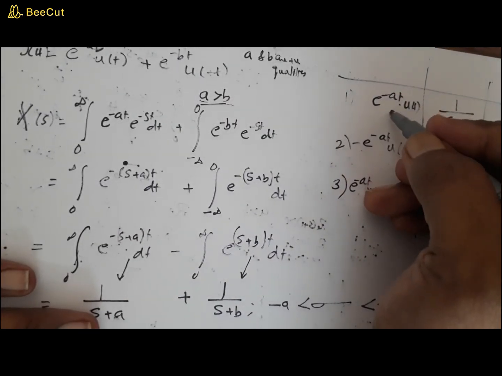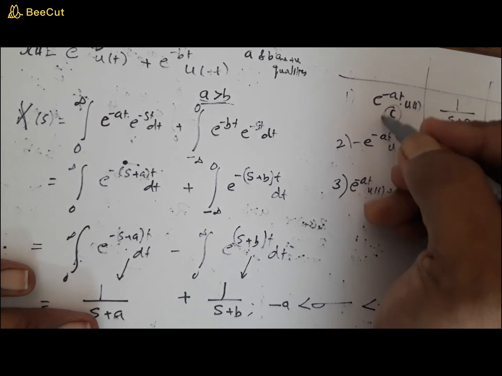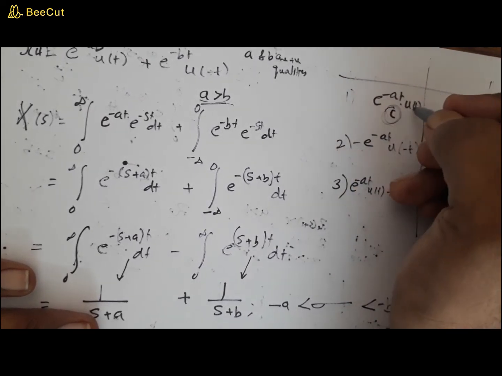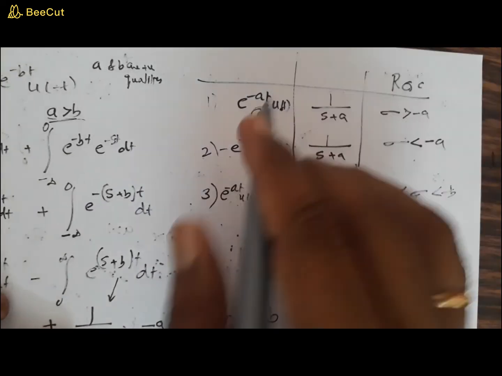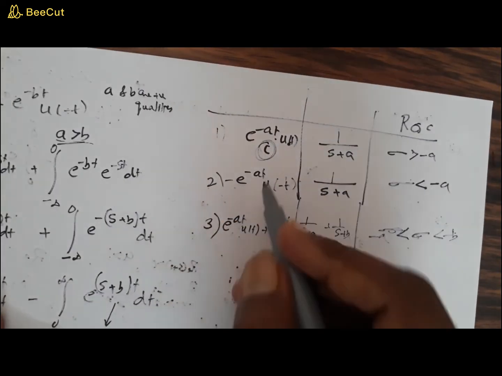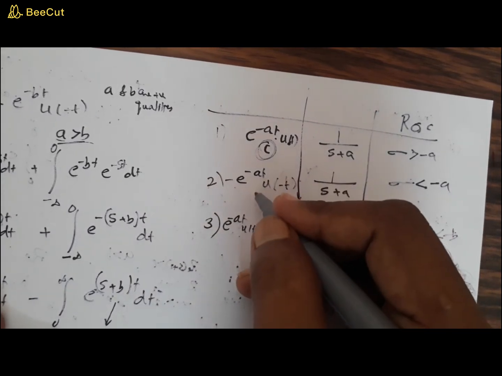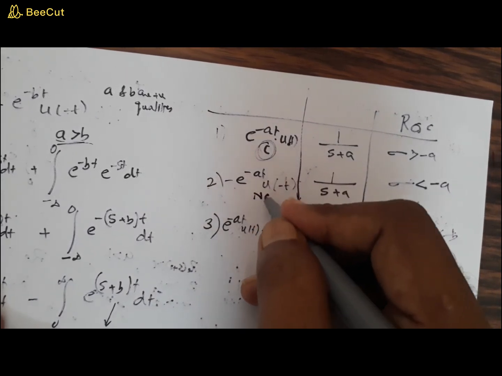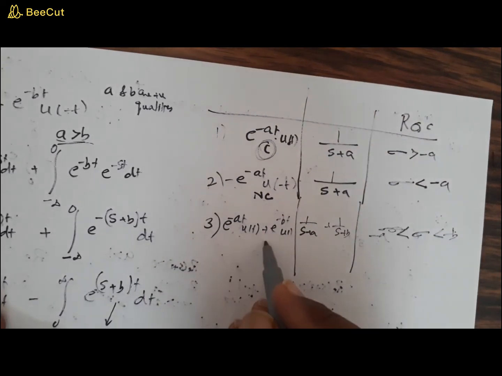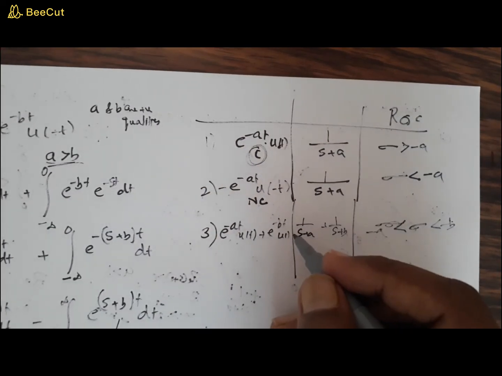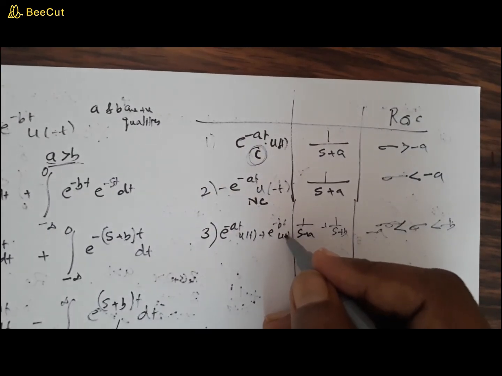Now what is the speciality of these three signals? See, this one is a causal signal, right? Only a positive-going signal, because this is multiplied by u of t. That means this signal is causal in nature. What about this? This is multiplied by u of minus t. This is totally a non-causal signal. Now this is e raised to minus bt into u of minus t, right?